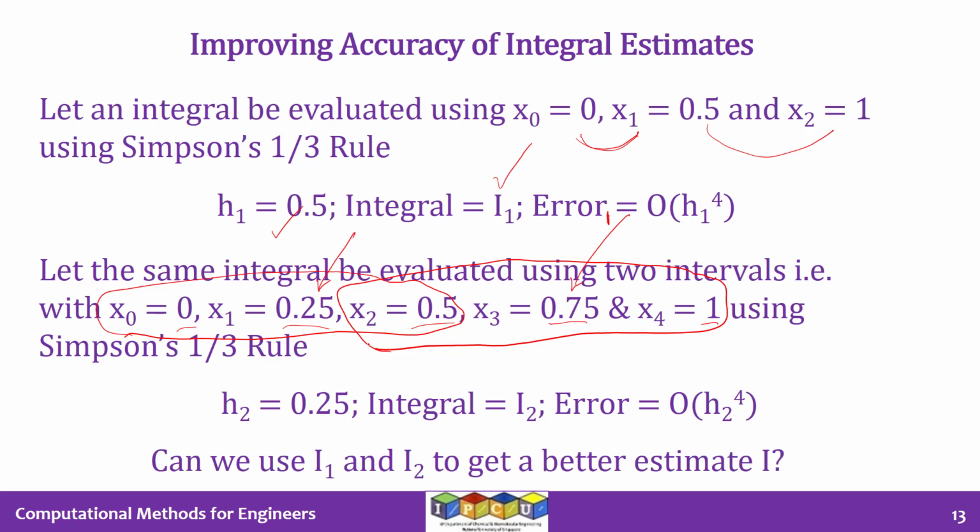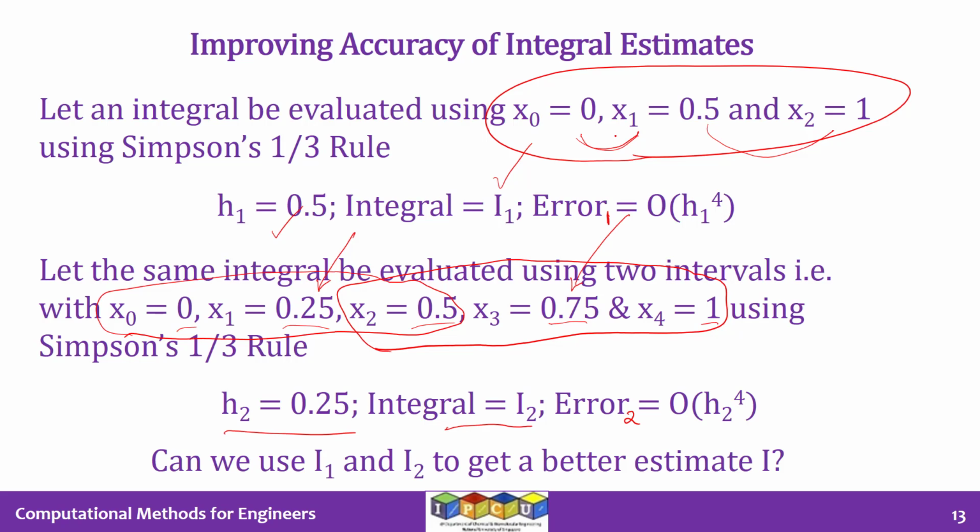So here what we see is we are integrating between the same limits 0 to 1 using data available at 5 points, and you can see the step size here is 0.25, and let's say the integral evaluates to a value I2. So the error in the second case is going to be of the order of h2 to the power of 4. Because we are using P2 here, you also use P2 here, so that is no problem.